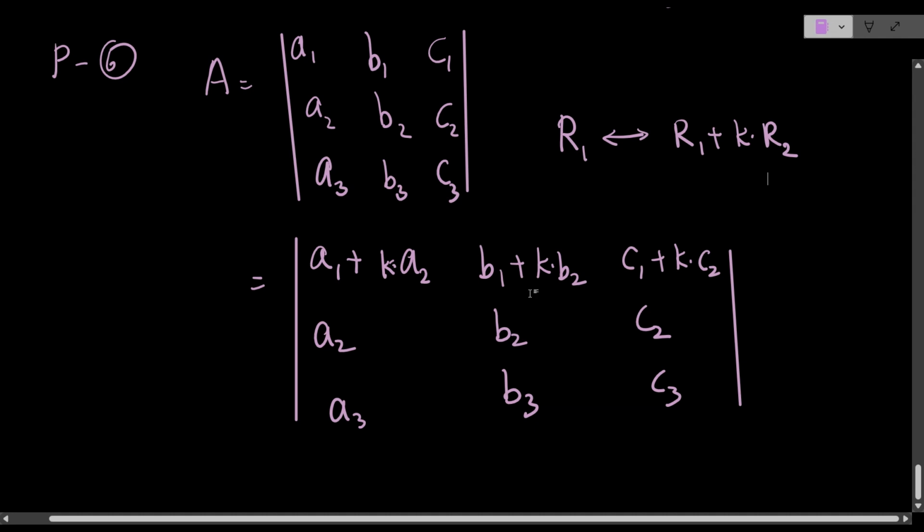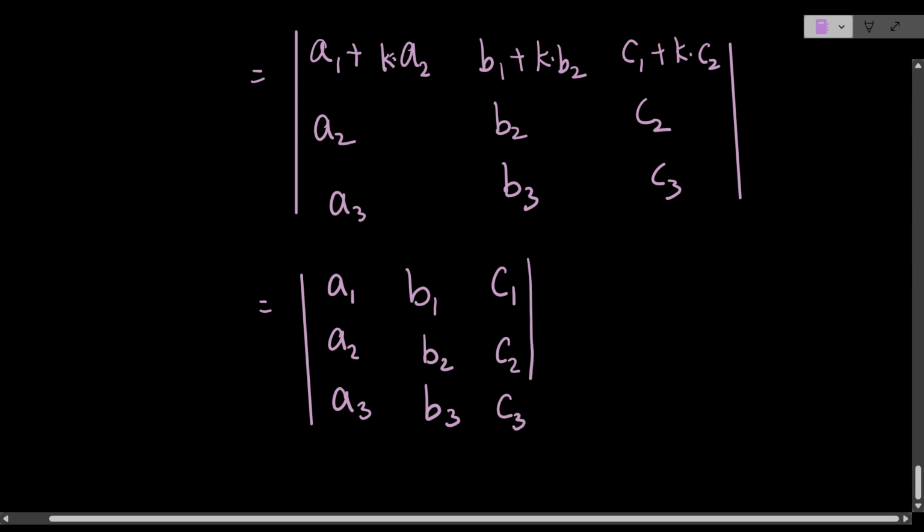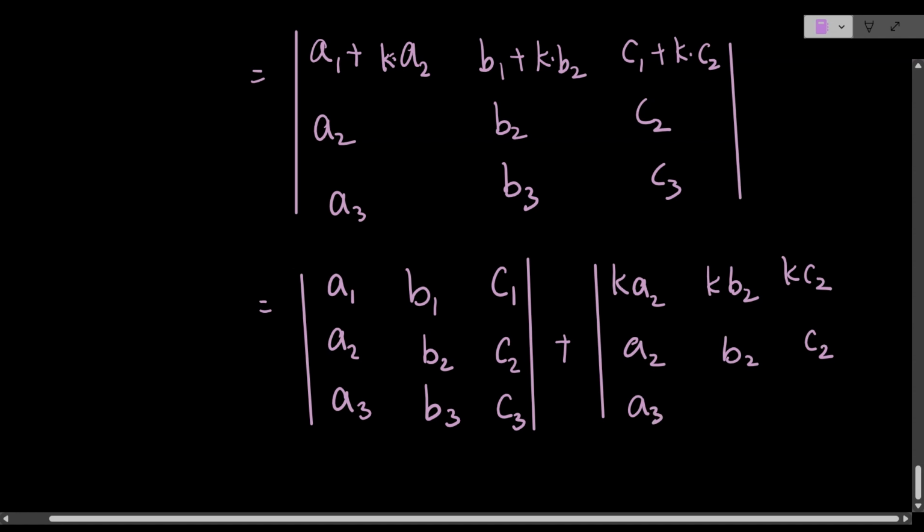If you add, we will get the sum of two determinants as explained in the previous property: A1, A2, A3, B1, B2, B3, C1, C2, C3 plus, expressing this as a sum of two determinants, KA2, KB2 and KC2 with A2, B2, C2, A3, B3, C3 remaining the same.